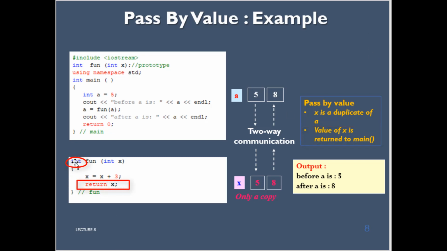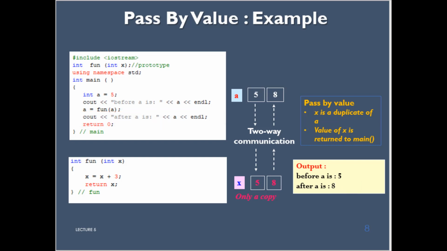So the return data type is not void, but int. So if we look at the function call now, a equals find a. Whatever is returned by function find is assigned to the variable a. And then if we look at the second cout statement, after a is 8, which is the value that we have changed in the function definition.